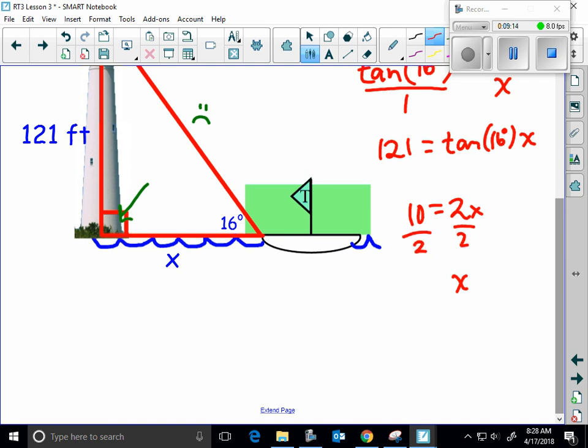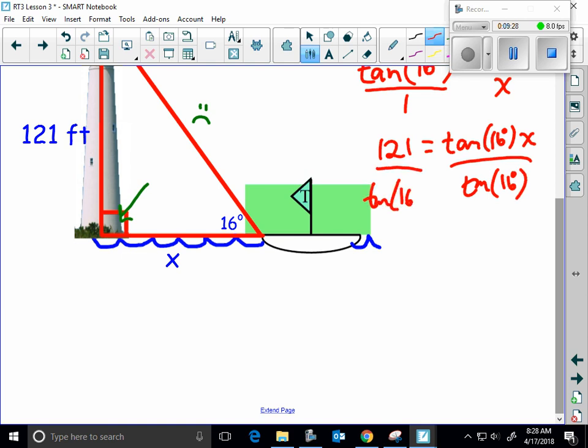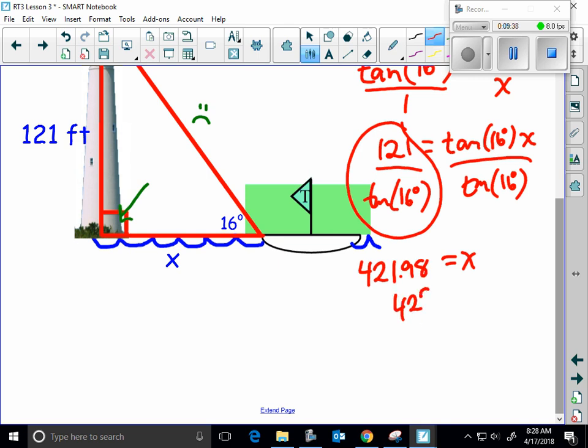Divide by 2 on both sides. Same thing applies here. If I'm multiplying x times tan 16, to get x alone, I divide by tan 16. It's just a number, just some decimal value. So x will equal whatever 121 divided by tan 16 is. It comes out to be 421.98. If you gave 422 feet, either of those would be acceptable.